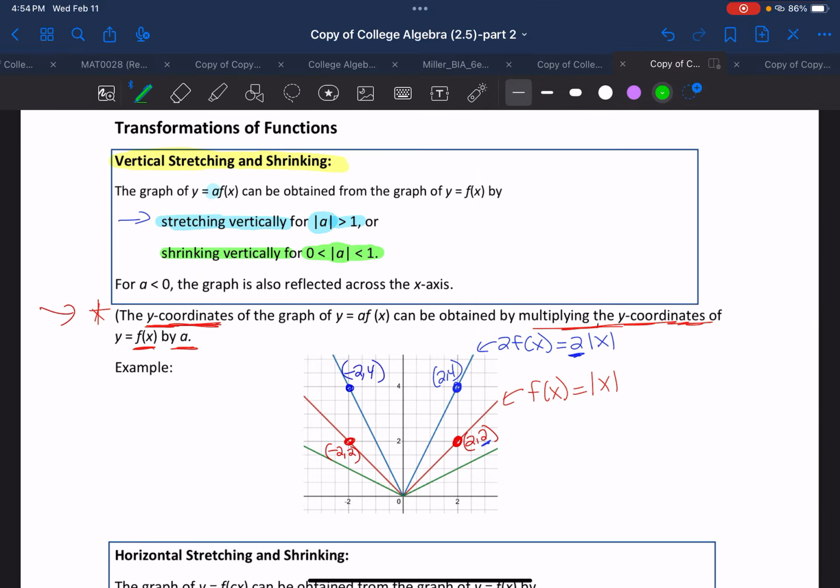And then the one in green, this is the graph of f of 2 times, I'm sorry, that's wrong. This is the graph of 1/2 times f of x. So this is the second case. It has been shrunk vertically. So this would be equal to 1/2 times the absolute value of x, the equation of that function.